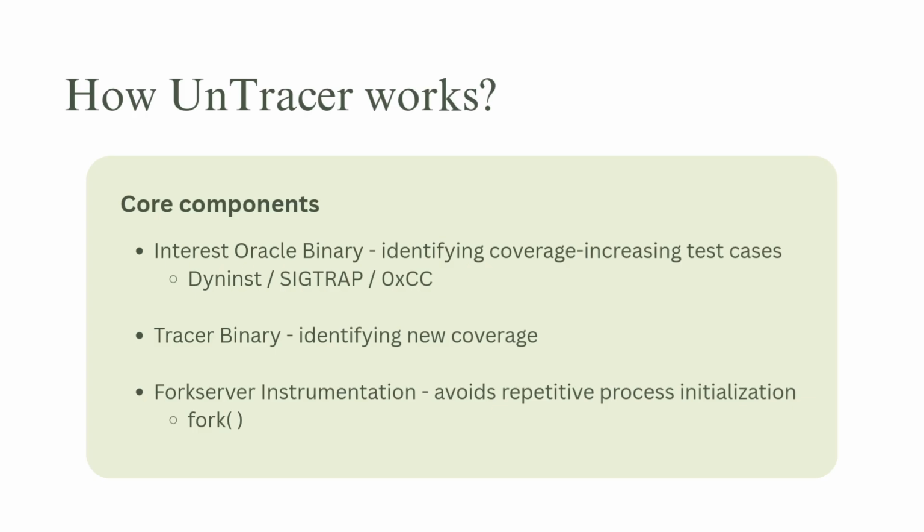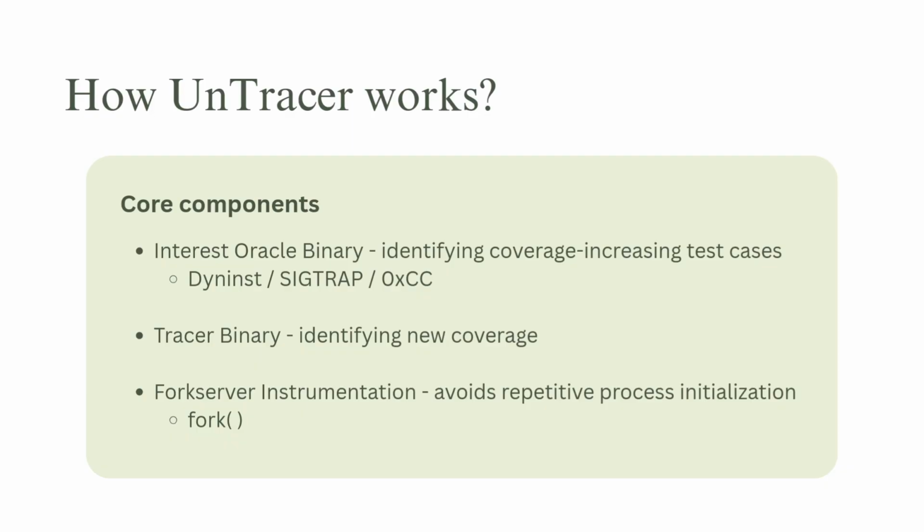In UnTracer, they use dynamic and static control flow analysis and must ensure that interrupts are prevented from triggering before fork server initialization. SIGTRAP is a signal used to trigger the interest oracle, and its machine code is 0xCC. Since 0xCC is only 1 byte, it avoids overwriting too much of the original code in small basic blocks, preserving execution.